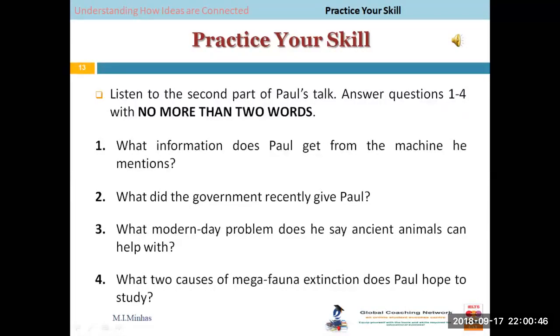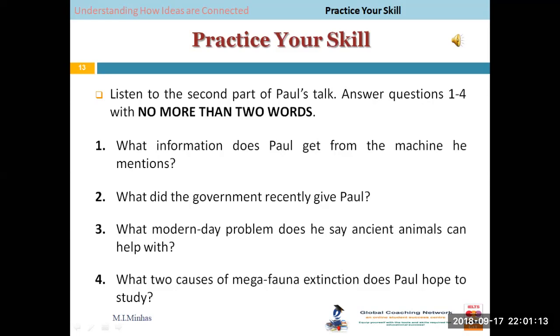That machine gives him a date. Date means how old this fossil was. And from that, he studies how this animal interacted with its environment at that time, what it ate, how it used to live and so on.